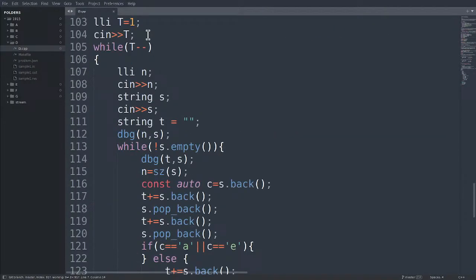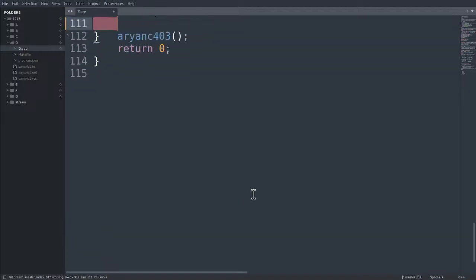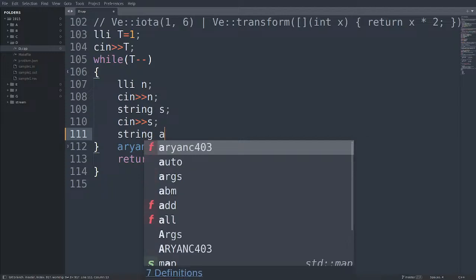We need the number of test cases as input, and then for each, the string s, and then we can try to create the answer string.